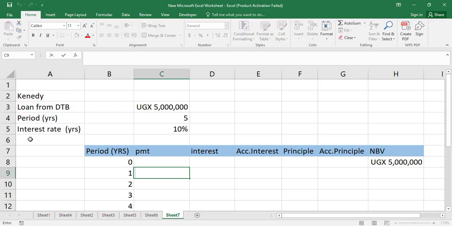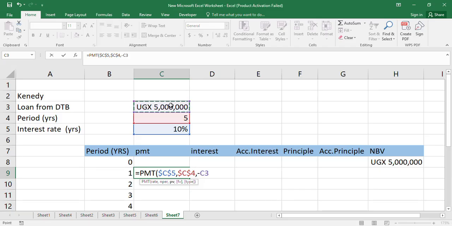Now we shall first calculate our PMT, which will equal the inbuilt formula PMT. It needs the rate; we can fix it, but you can also leave it unfixed because it doesn't matter. We have our NPER in years, don't forget. We shall have our payment value, which will be a negative PV.